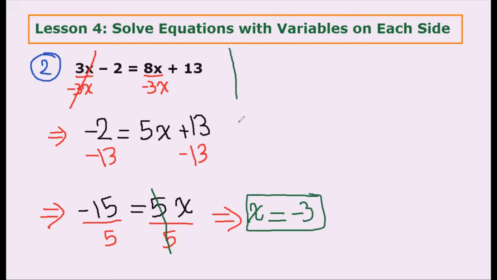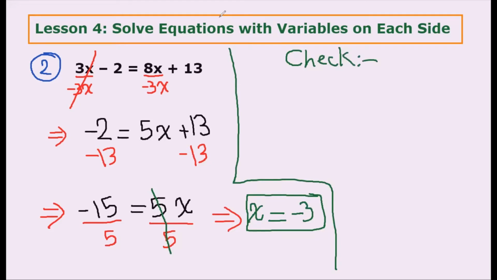Let's check our answer. Is it correct or not? How can we check that? We rewrite the whole equation: 3x minus 2 equals 8x plus 13. But this time, instead of writing x, we write parentheses.